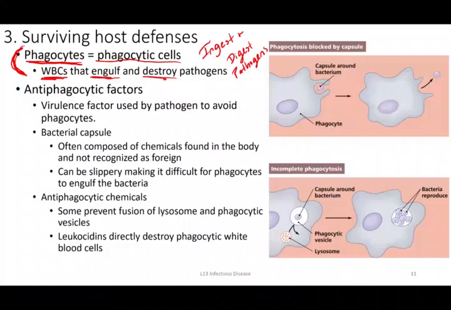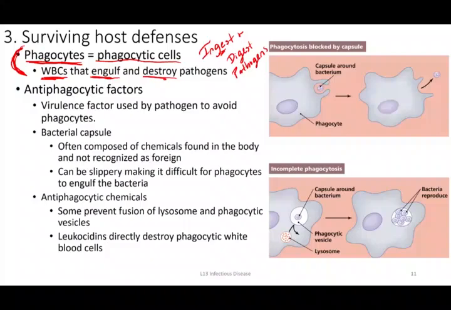They ingest, and that just means the microorganism is actually internalized into the cell, so the cell has to engulf it or eat it. So that's what I mean by ingest. And then once inside, that phagocytic cell is going to dump a bunch of chemicals that are going to normally digest and destroy the pathogen. So that's what we mean by ingest and digest. So that's how it's supposed to work.